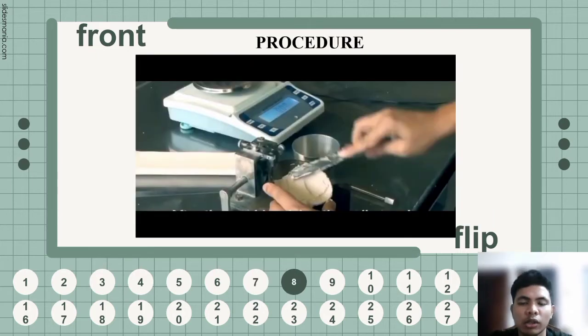In this part of the slide, I'm going to be presenting about the procedure. First of all, after thoroughly mixing the soil sample, fill the Casagrande bowl with the sample while the bowl rests on the base.